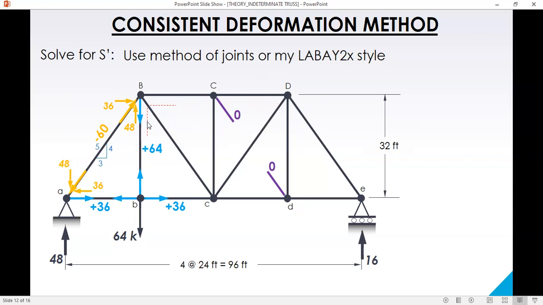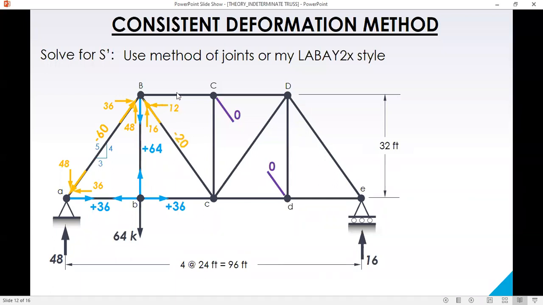So we need 16 upward to make the vertical zero. So to get the horizontal component, we use ratio and proportion. Again, 16 vertical divided by vertical 4 is 4. 4 times 3, 12. So the horizontal component is 12. And to get the magnitude, it's 16 over 4, 4 times 5, this is 20. Compression.